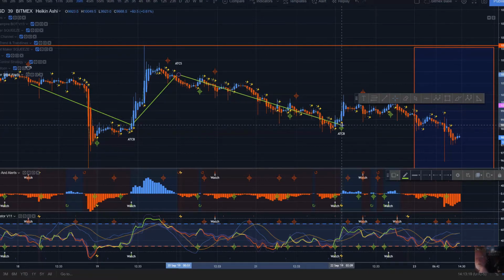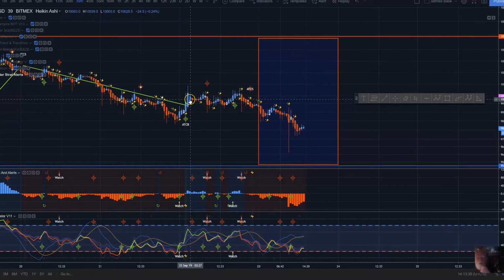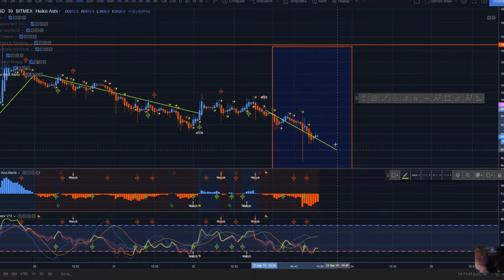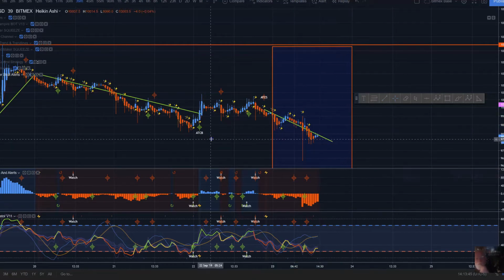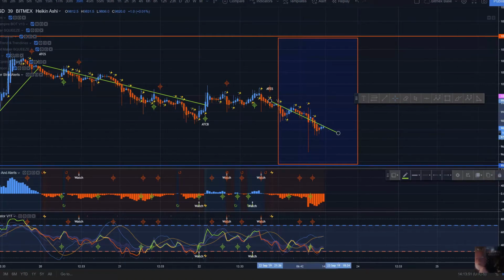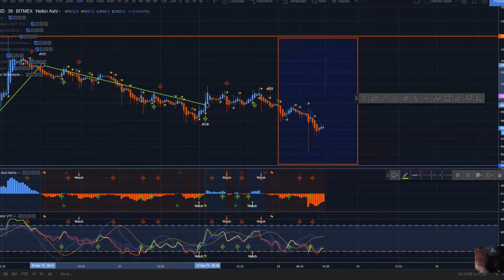Oh, and then she would have gone sideways here for a little bit, and then she'd have bought in here. And we're on our way down again. And this is where we're at right now. So, those are trends. When I talk about a trend, that's what I'm talking about. It's a trend on a 39-minute chart.